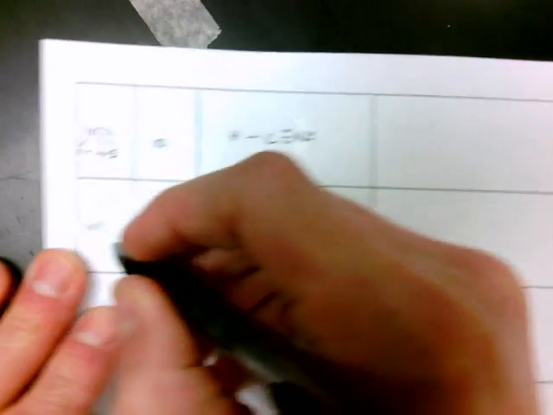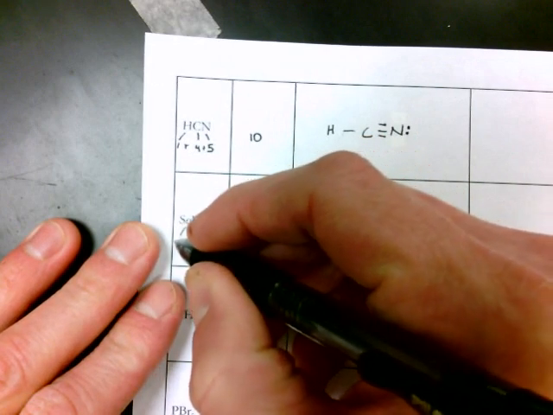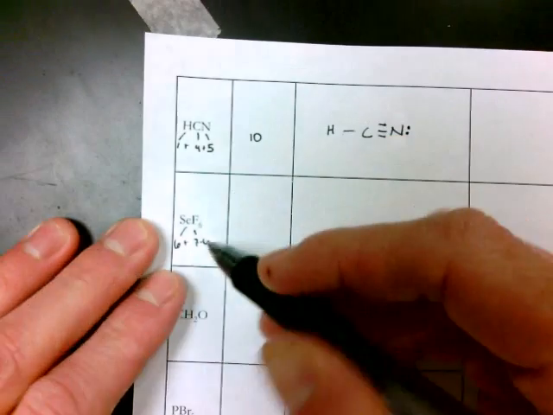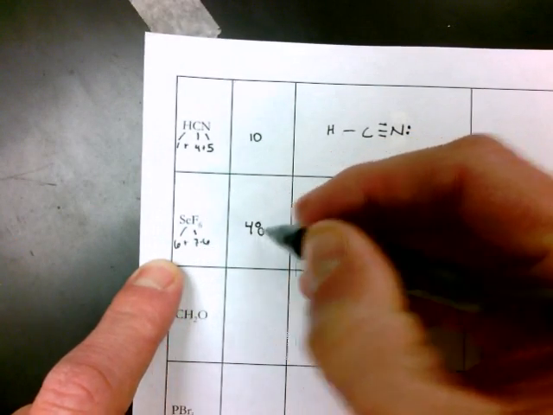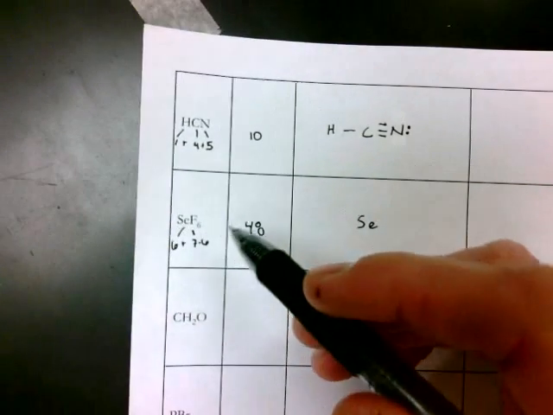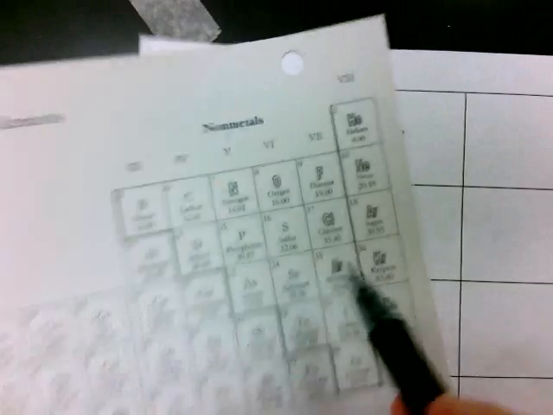Selenium hexafluoride, so SeF6, Se has a group number of 6, plus fluorine has a group number of 7 times 6. 7 times 6 is 42, plus 6 more is 48. Selenium is going to be central because it's the single atom that's also further away from fluorine. Happens to live in row 4.